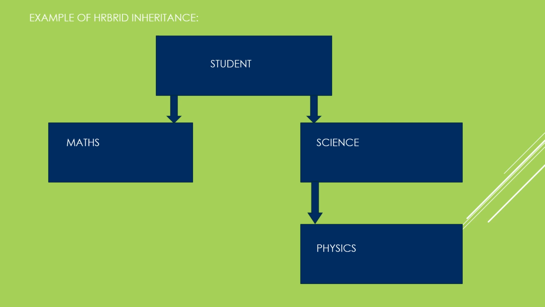So student is the base class for class maths and class science. So maths and science are two derived classes, and if we see this structure, this structure is forming what we just saw, when there is one common base class and more than one derived class, then it is the pattern for hierarchical inheritance.